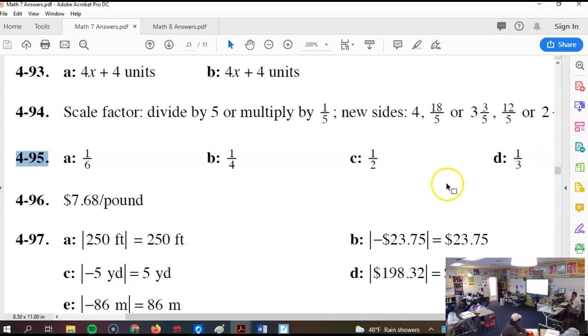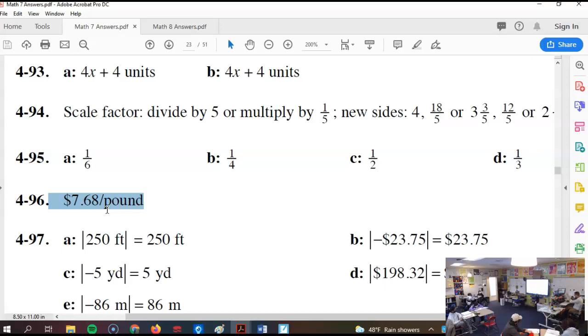Totally fine. 768 per pound. That's a unit rate because it's per one of something. This is a unit rate because it's per one of something. Unit rate.